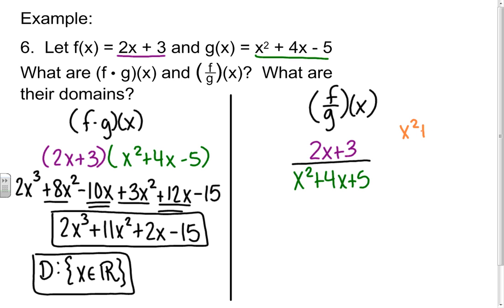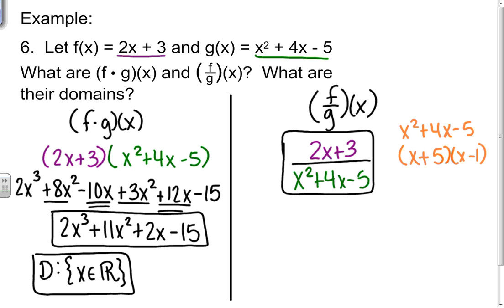X squared plus 4x plus 5 factors into an x plus... Oh, hold on. I made a mistake. I figured it out. This is a minus. Sorry about that. I've miscopied the g function. This factors into an x plus 5 and an x minus 1. So neither of those factors matches the purple 2x plus 3 up top. So this ends up being my final answer for the expression.